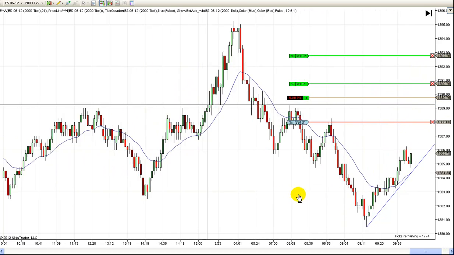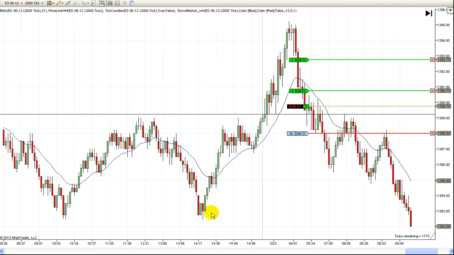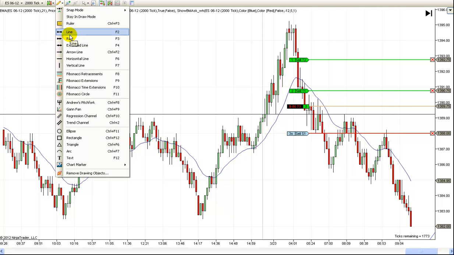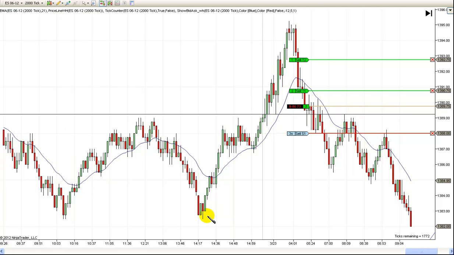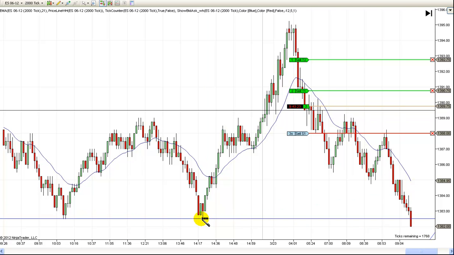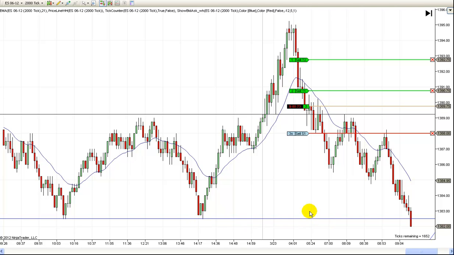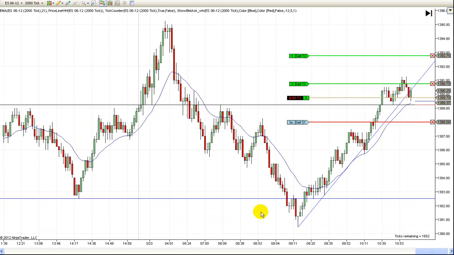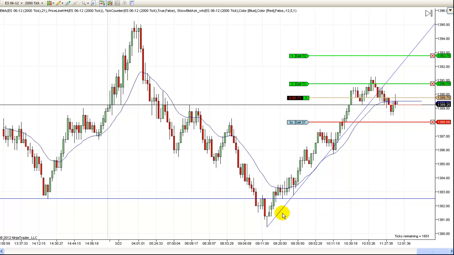But here was our double bottom from yesterday, and I'm just going to put this down here and show you. That was our double bottom from yesterday, and you see what we had was basically a failed break lower below that line, and then a reversal.